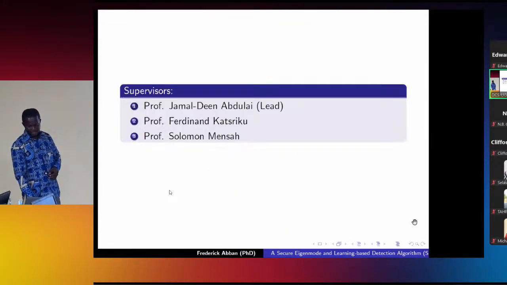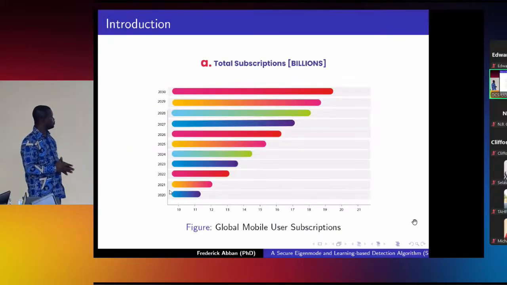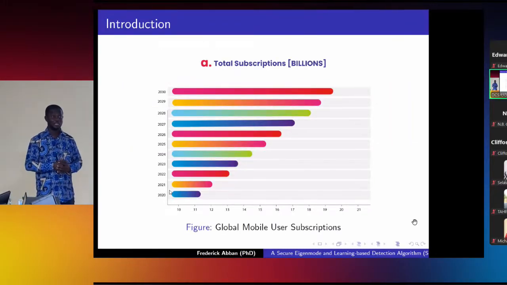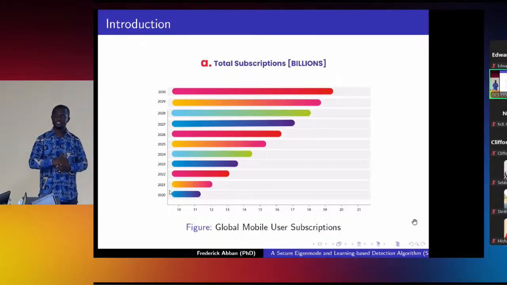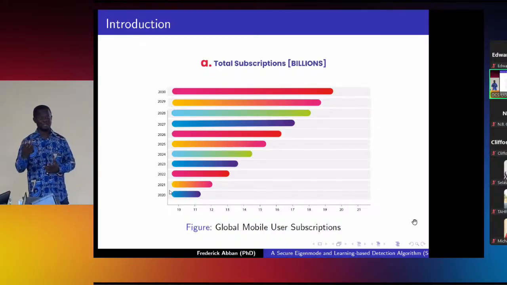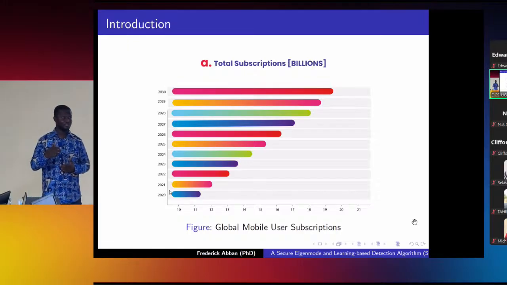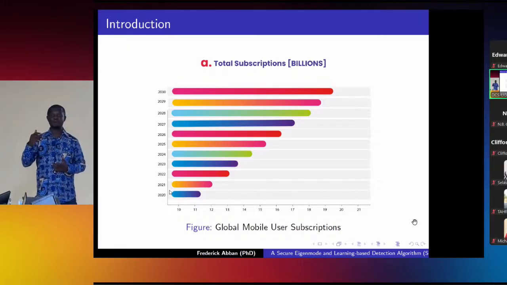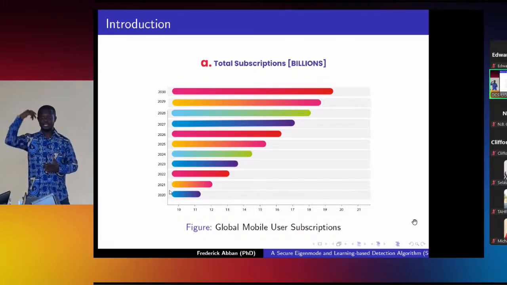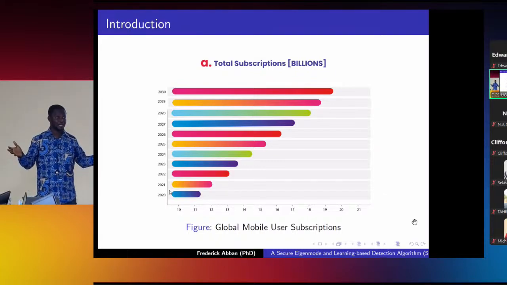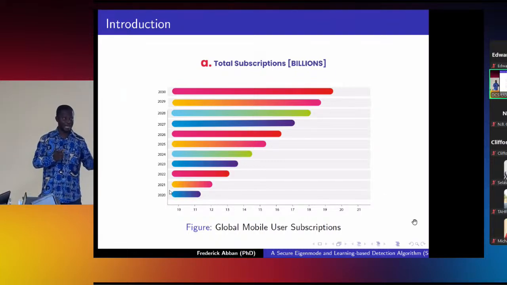The question that you may be asking, or we are asking ourselves, which was asked by my lead supervisor in our early days, is why the need to move from 4G to 5G and from 5G to 6G, and possibly we might be going to 7G and 8G and whatever G in the future. Why don't we just remain where we are and improve on what we have?